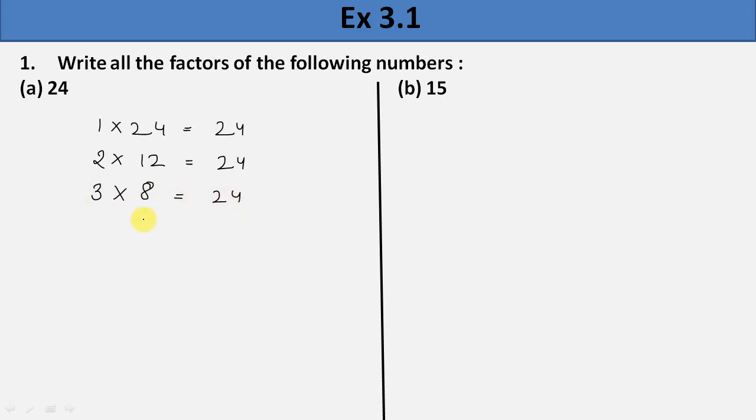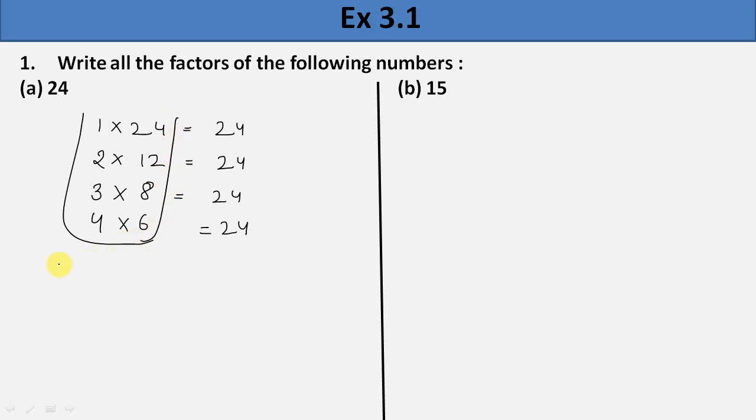Now 4 के टेबल में 24 आता है, yes. 4 into 6 is equals to 24. The next number is 5. 5 के टेबल में 24 नहीं आता. The next table is 6. और 6 already we have written here. So that means these are the factors of 24.